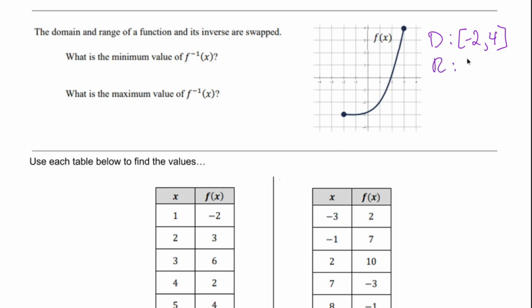Its range is going to be from, looks like, -3 all the way up to 1, 2, 3, 4. So -3 to 4. That's the original, which means the inverse is going to have a domain of -3 to 4 and a range of -2 to 4.